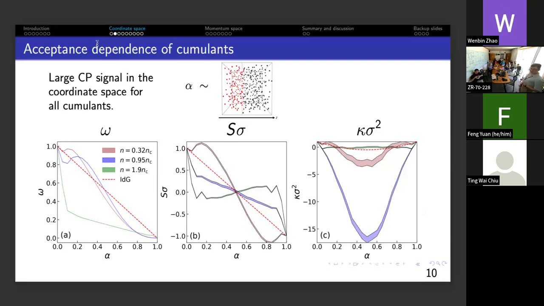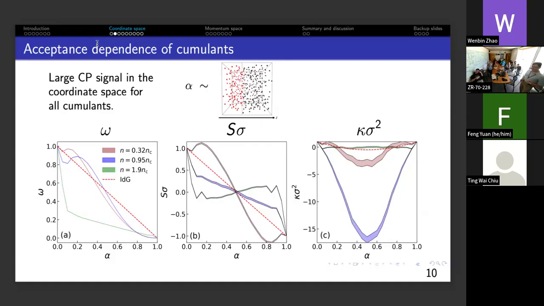It's not very unexpected to see the huge signal for the blue line, which is the line at the critical density. Even this kurtosis here is minus 15, and it looks pretty large for such a small system of 400 particles. Unfortunately, the real kurtosis, which we estimated and will show in the future, should be much more negative.